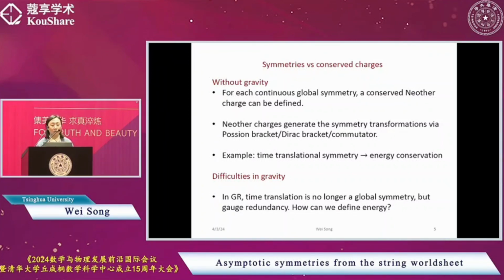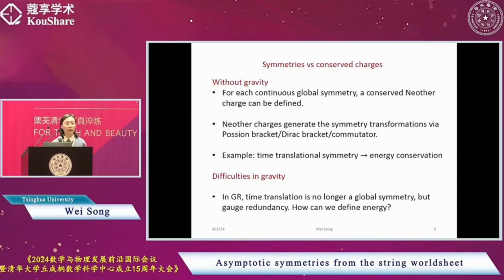But these are all stories of quantum field theory or even classical field theory without gravity. What happens with gravity? We know that the classical theory of gravity is general relativity. It has general covariance.